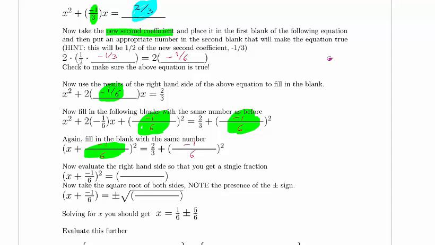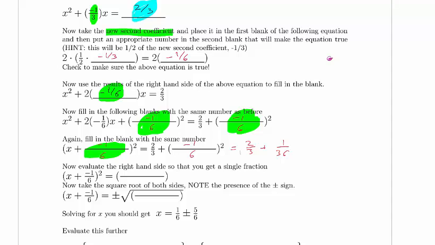All right, so here we're going to evaluate the right-hand side. So let's go ahead and just kind of use this area to do some scratch work. We've got 2/3 plus 1 over 6 squared. So we have 1 over 36. Note the negative became a positive because of this guy here. And now we simply have to get a common denominator. 3 times 12 will get us 36.